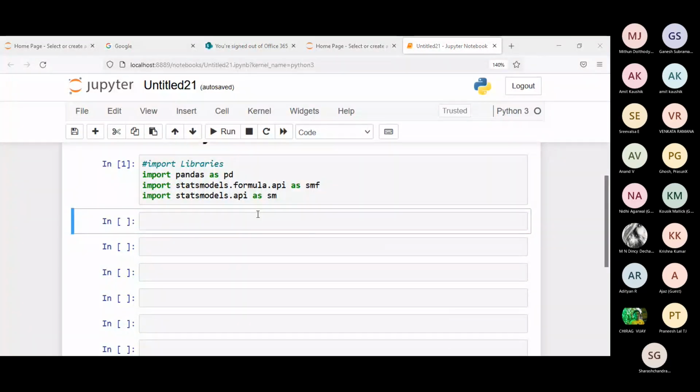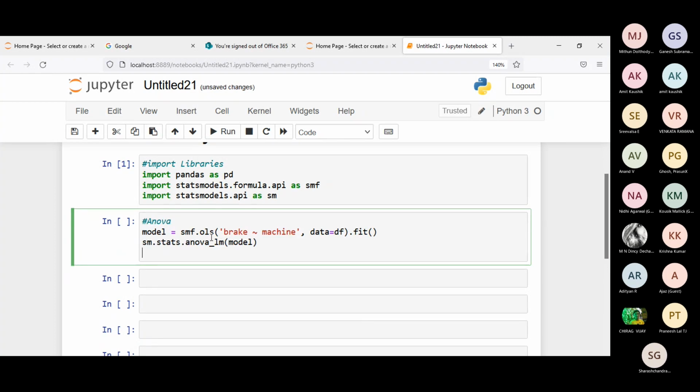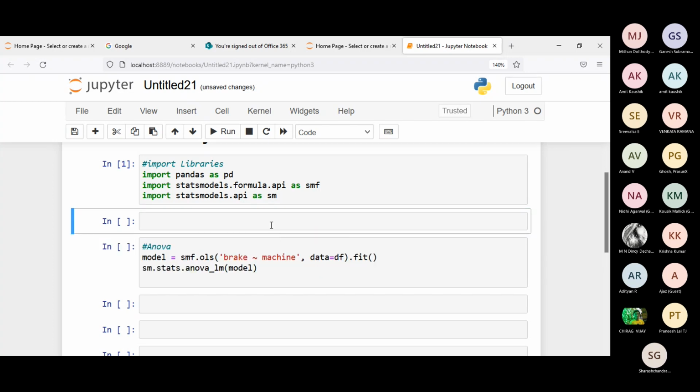Let's proceed with ANOVA. So this is ANOVA. See this SMF, which is nothing but statsmodels.formula.api.ols. OLS stands for ordinary least squares. So your dependent variable, which is breaks tilde machine, comma data is equal to df. This will definitely give us an error because we don't have this df object. So before executing this, I would like to import the data set breaks.